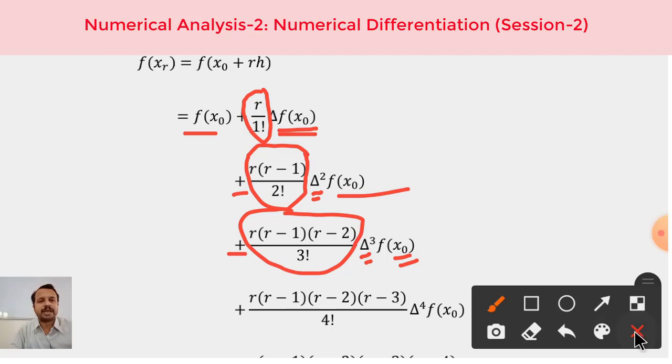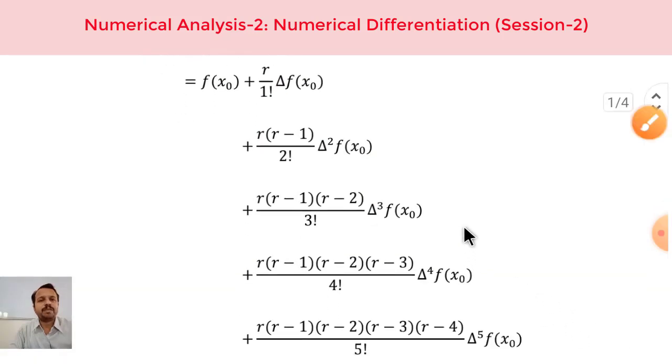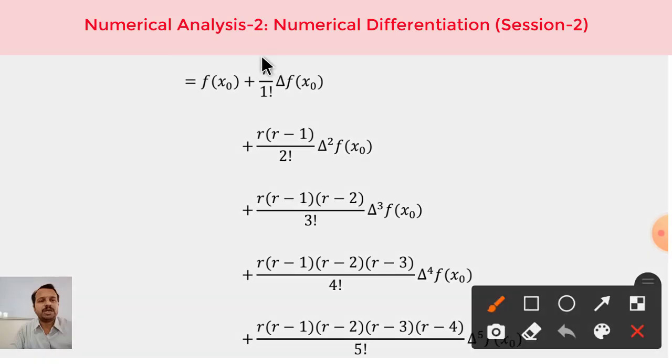It continues like that. Now we have to remember these things. That is, these coefficients we have to remember. These are all very important terms. We have to remember them. They are just like the binomial coefficients.